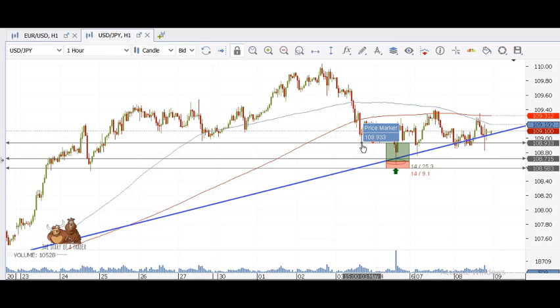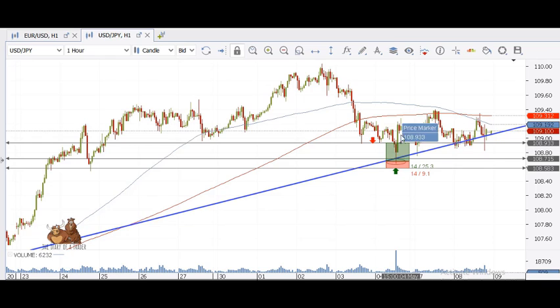We see here 2 touches at this 108.93, which was horizontal support, and now it's horizontal resistance. So in this particular example, we are risking 13 pips in order to gain 22 pips, which is around 1.7 to 1 or 1.8 to 1.